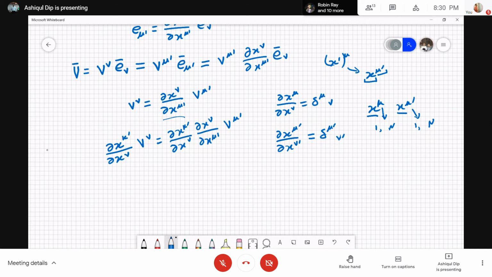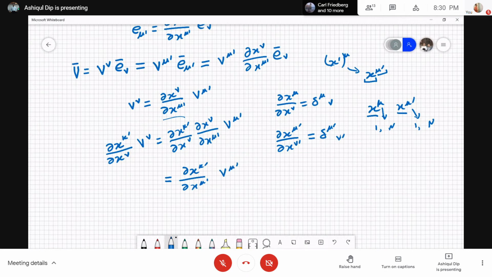Okay, so now see that x nu and delta x nu, that's basically the expansion of a chain rule, which is delta x kappa prime by delta x mu prime. And then you have v mu prime.